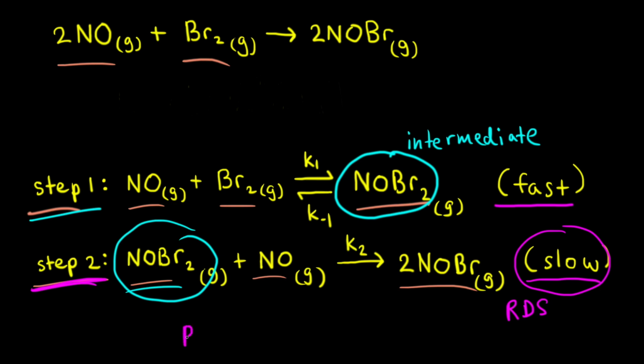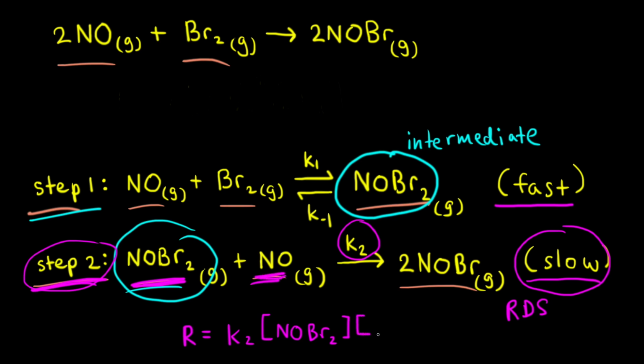So we can write the rate of reaction is equal to k2, our rate constant for step 2, multiplied by the concentration of our two reactants, which would be the concentration of NOBr2 and the concentration of NO. Since the coefficients in our balanced equation are 1 for NOBr2 and 1 for NO, we can take the coefficients and turn them into exponents in our rate law. We can do this because this is an elementary reaction.